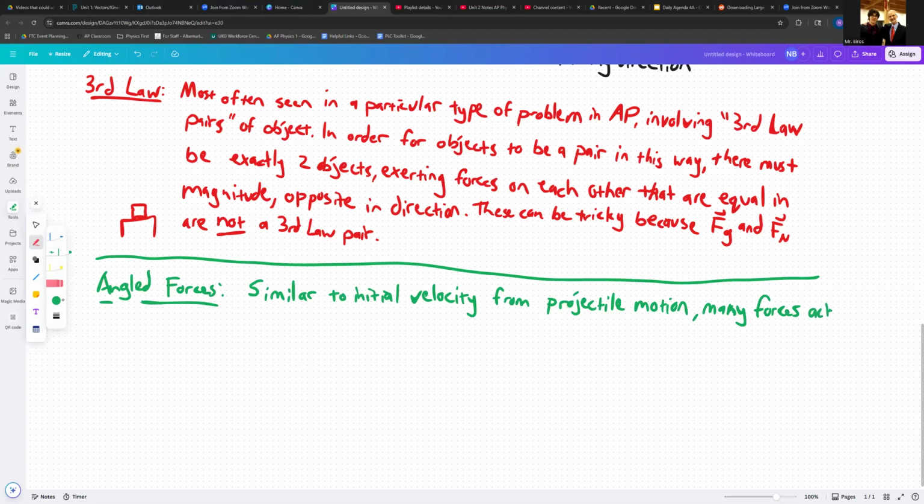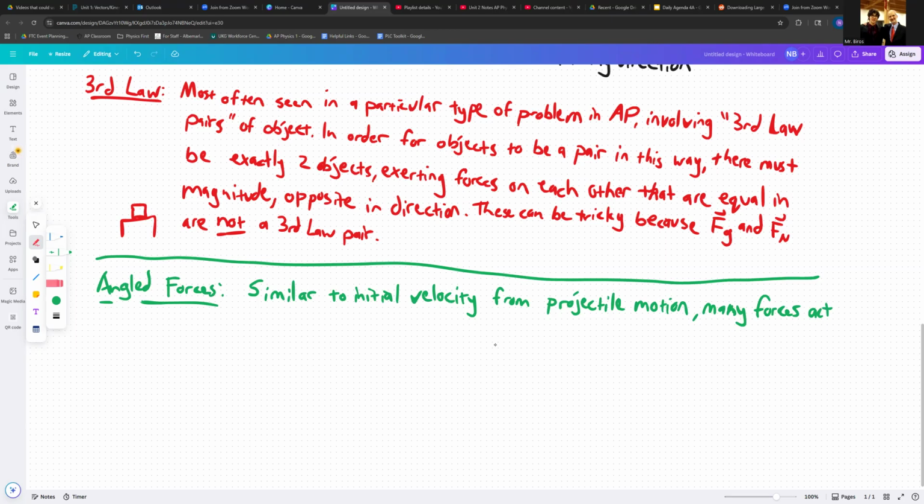will act not only in the x or y direction. I'm losing my ability to write. Come on now. Oh, okay. Sometimes it just be doing things.